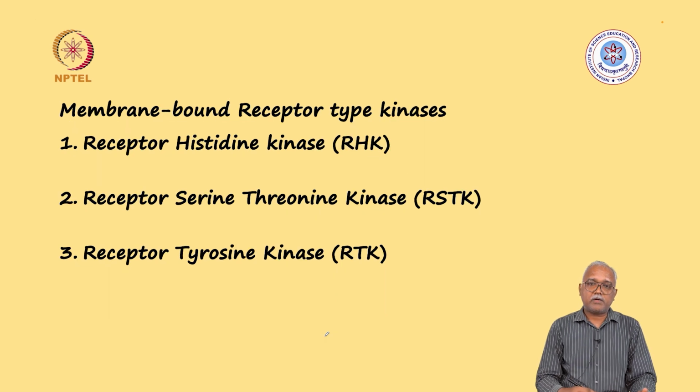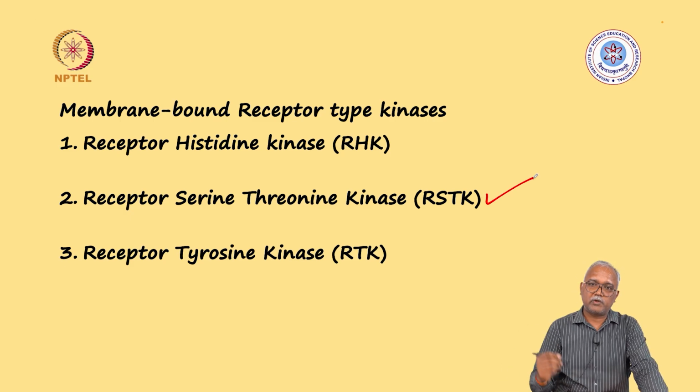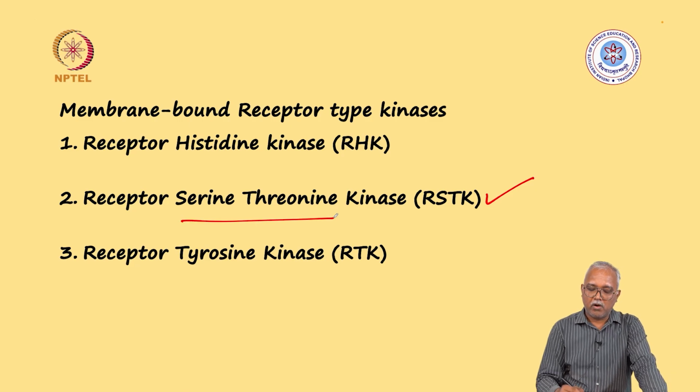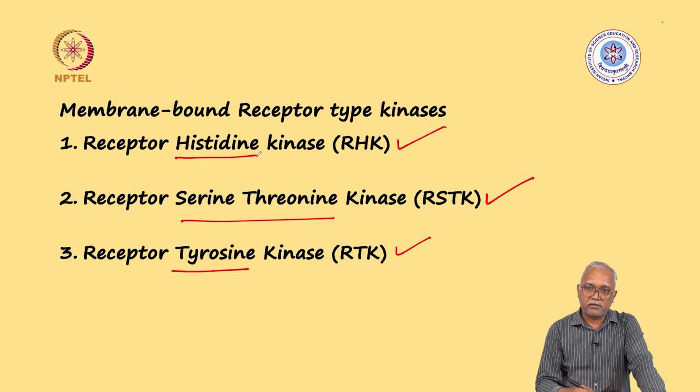Now if you think about the receptors, I spoke about different soluble kinases. If you think about the receptors, there is no difference. Over there you have the receptors which will have kinase activity towards serine threonine residue, or you can have receptors which have activity towards tyrosine residue, or you have receptors which have histidine preference.